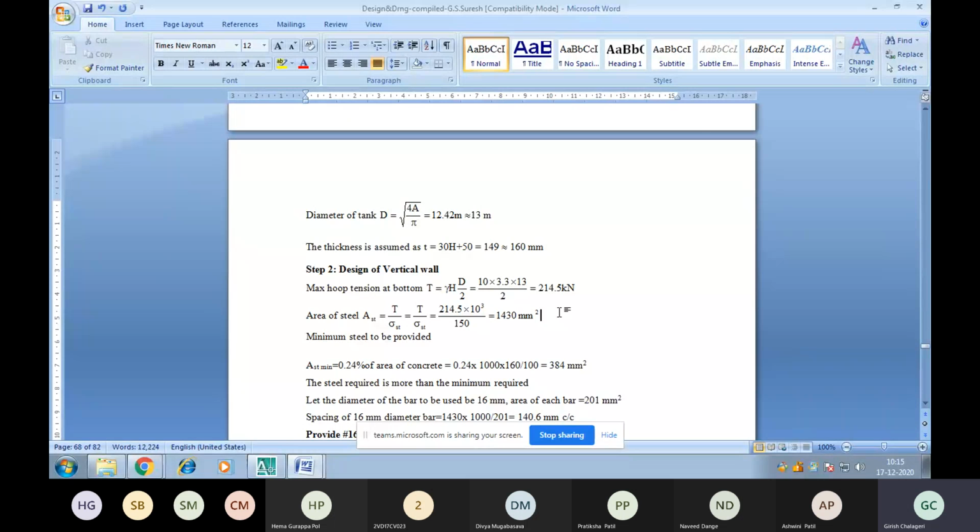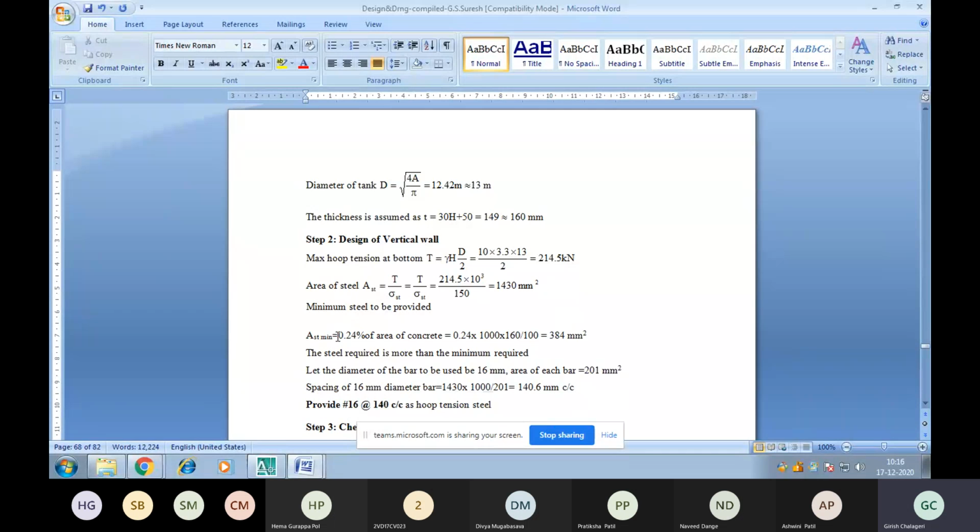Let us check what the minimum steel would be, and whether it is greater than the required or not. Usually in water retaining structures, the minimum steel provided is 0.24% of the area of concrete. Area of concrete means the thickness of the wall, that is capital D, into the 1 meter width.